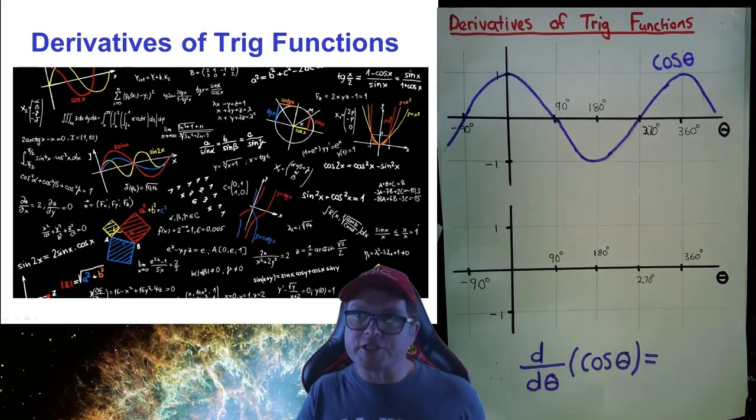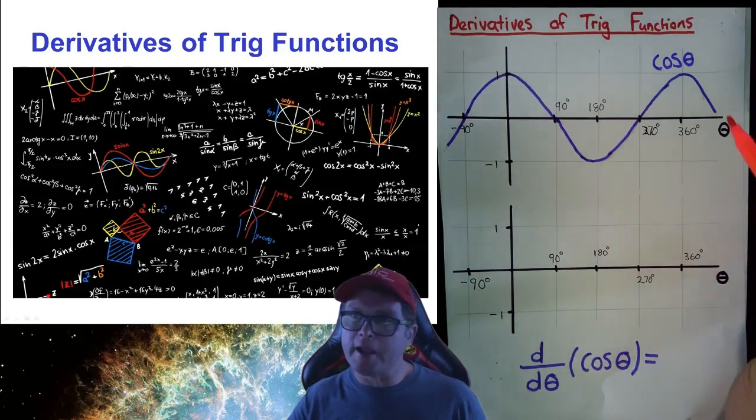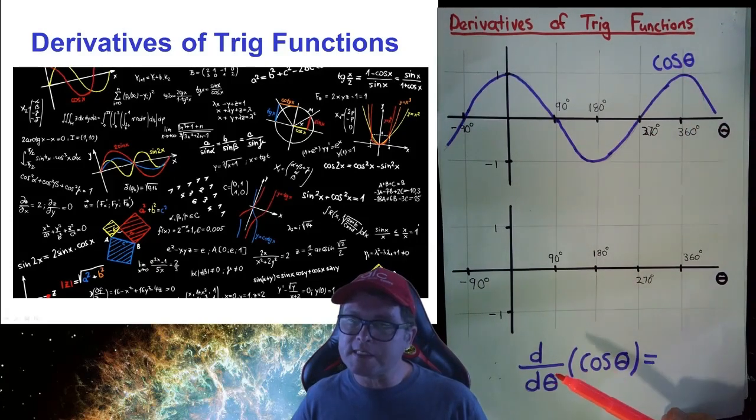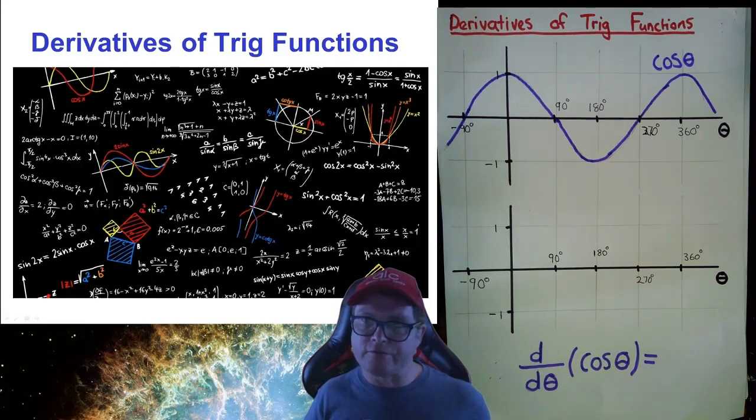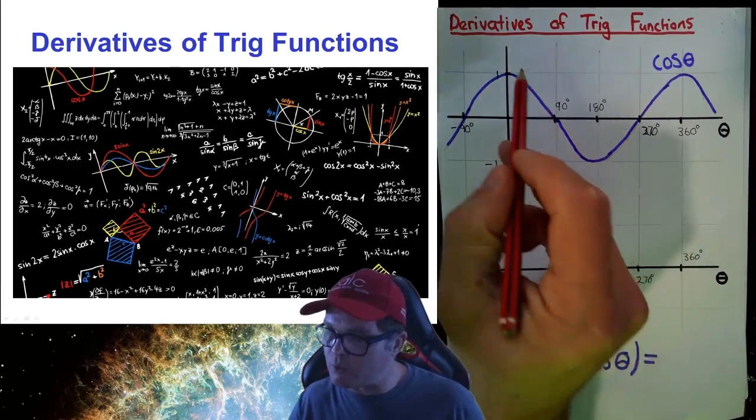The next function we may be interested in differentiating is cos of theta. So we may be interested to know what is the derivative with respect to theta of cos theta. Let's go about that in exactly the same way as we did for the previous function. We can take a look at the gradient at each point.